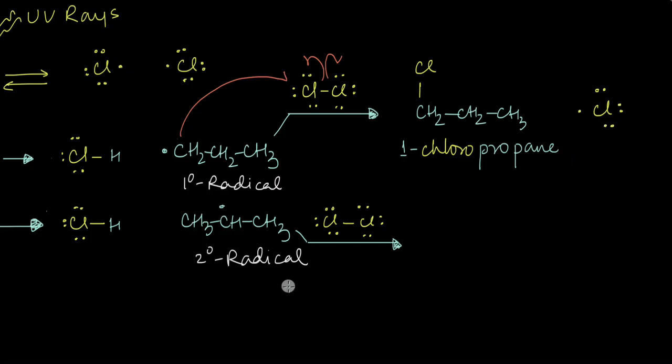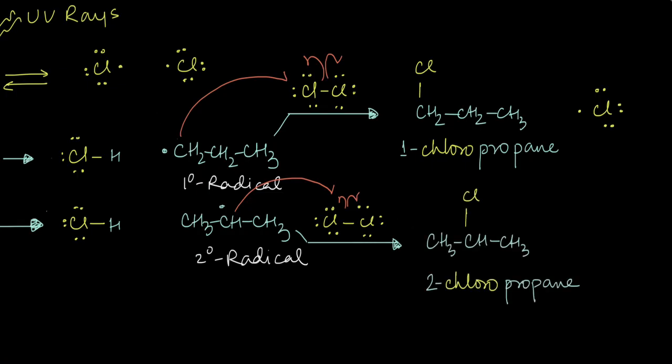Similarly, the second degree radical can abstract a chlorine atom from any undissociated chlorine left in the mixture, and this will lead to the formation of 2-chloropropane along with the formation of a chlorine radical out here also, right?